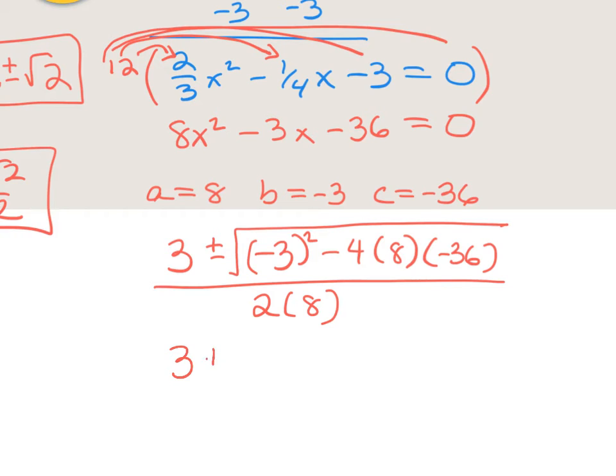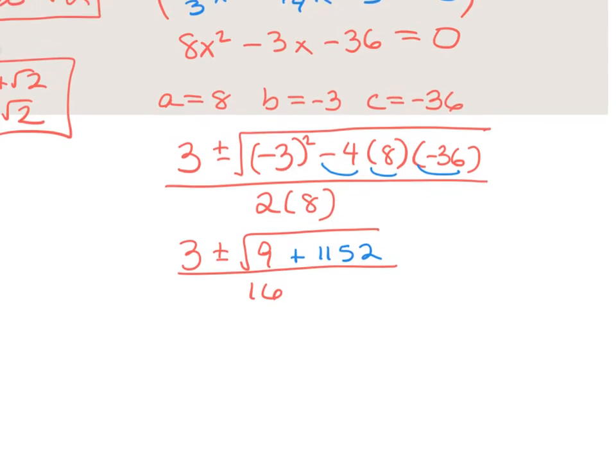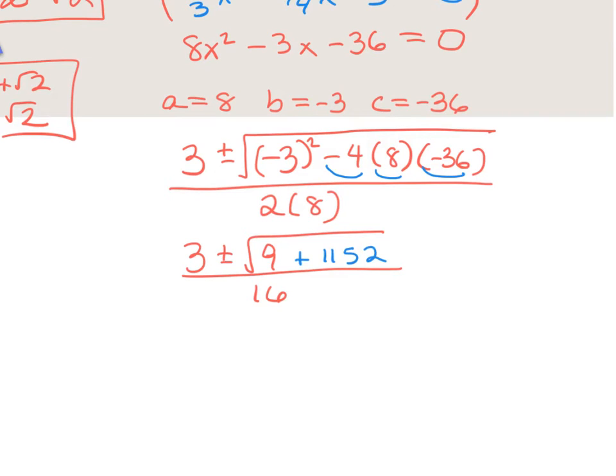So 3 plus or minus 9, and now I'm multiplying -4, +8, and -36, and this gives me 1,152. Divided by 2 times 8, which is 16. I now need to add what's under the square root. 9 plus 1152 is 1161.